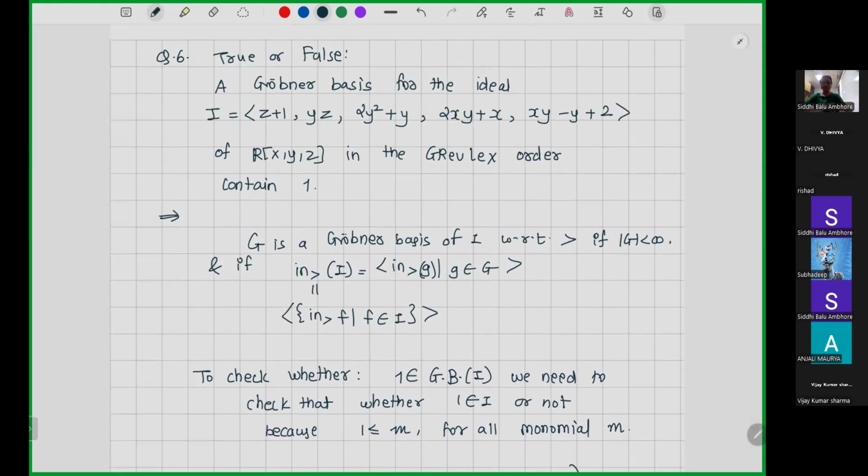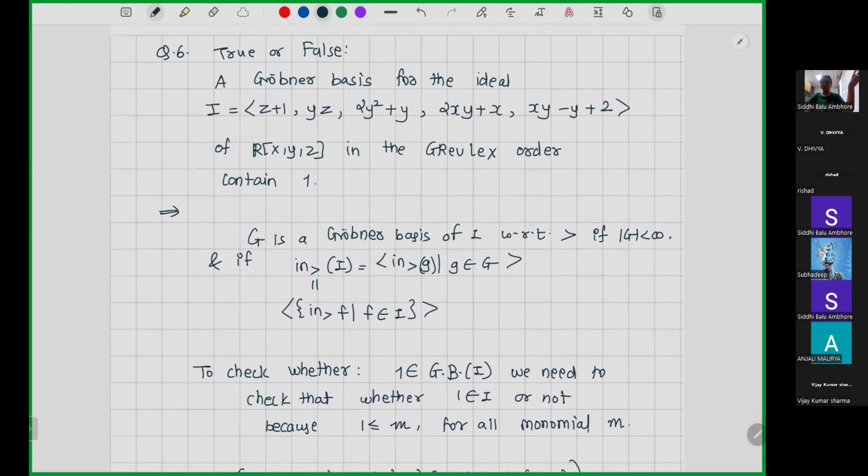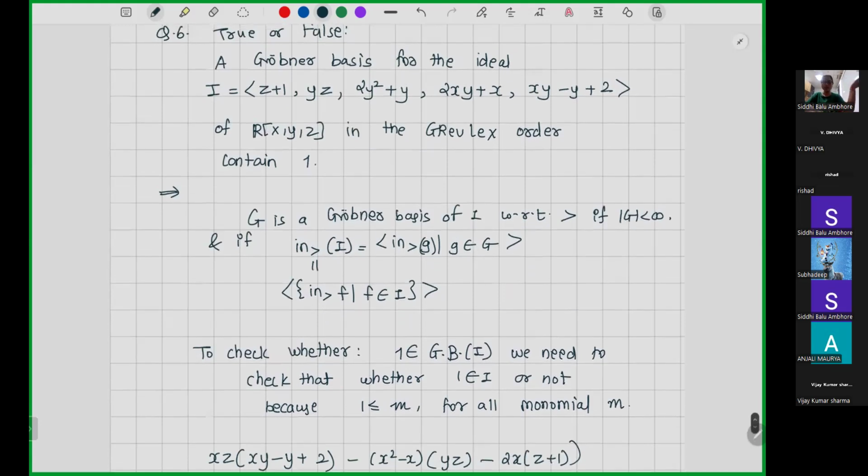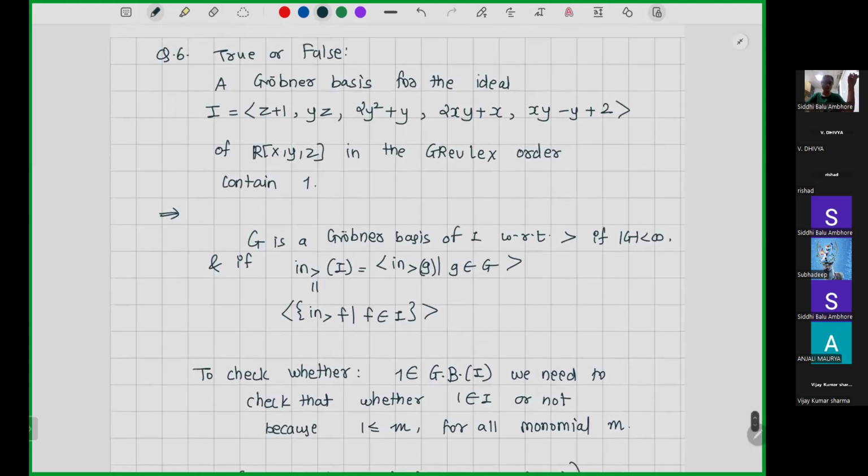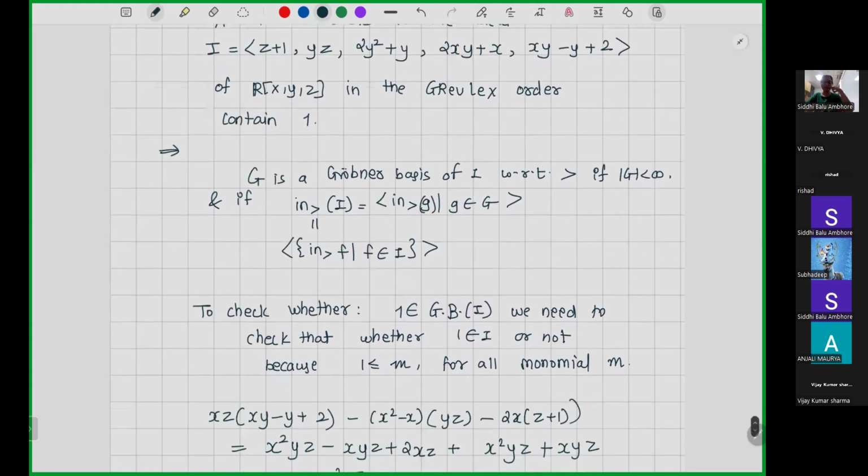And one is smaller than any polynomial. For any given polynomial, its initial term will always be greater than or equal to 1. Like, one is a constant polynomial and z plus 1 is a linear polynomial. Right? Yes.